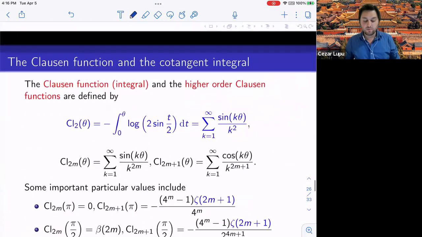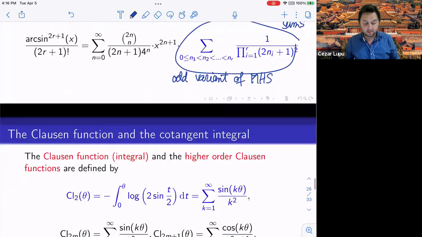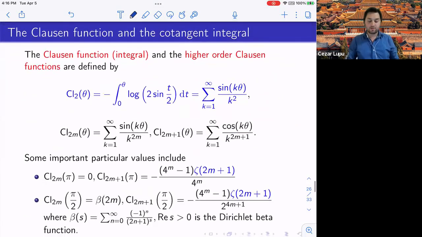And this will be combined with values of the Clausen function. The Clausen integral, or Lobachevsky function as it's usually called. The funny thing is that I didn't even know this function existed until very few years ago, like 4 years ago.